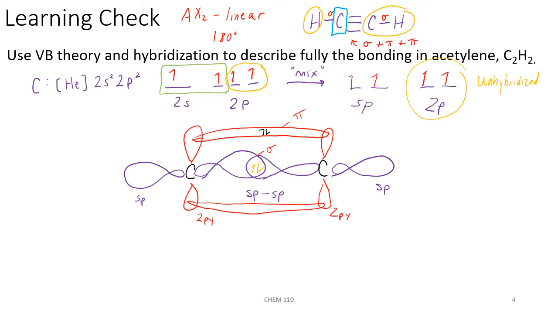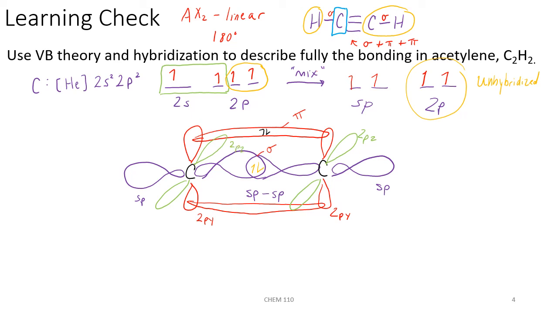The other unhybridized 2p orbital is running on the z-axis. And so that's sticking straight out at us and going straight behind us. So we'll draw it on an angle so we can see this orbital. So this is representing essentially our 2pz unhybridized orbital.